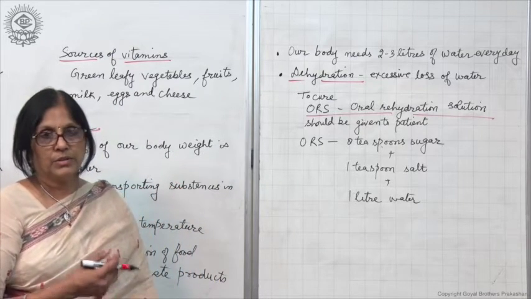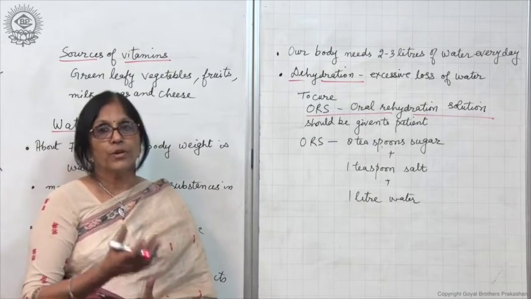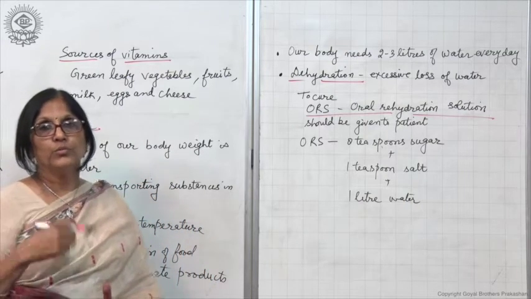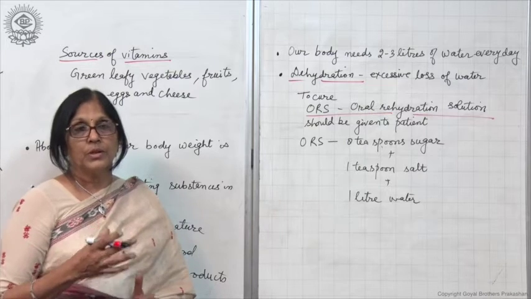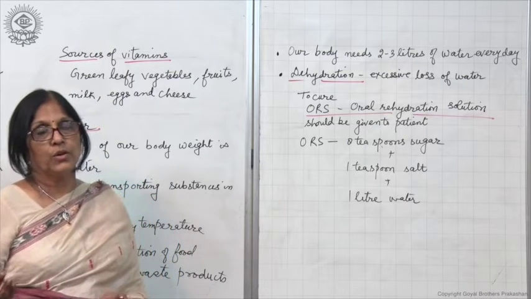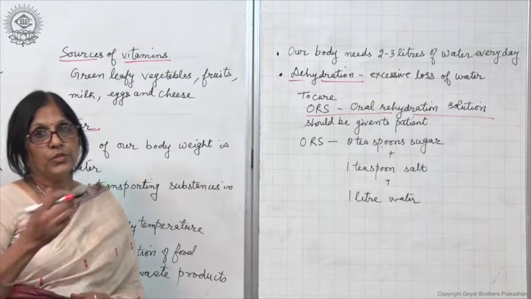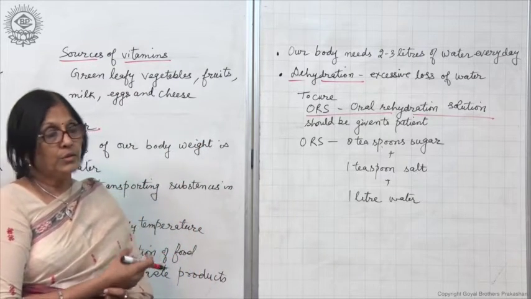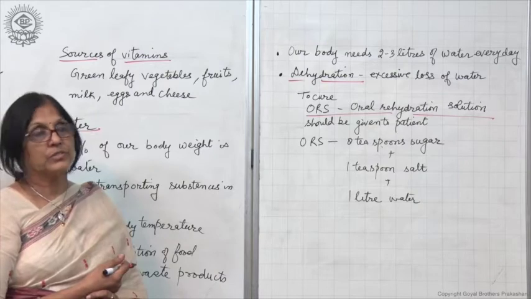Children and even adults suffer from continuous vomiting and loose motions, due to which water is continuously lost from the body. Dehydration occurs. Now dehydration is a very serious disease.